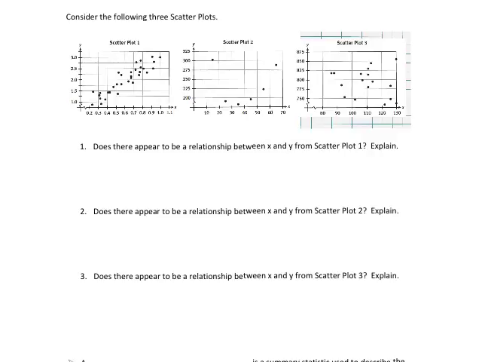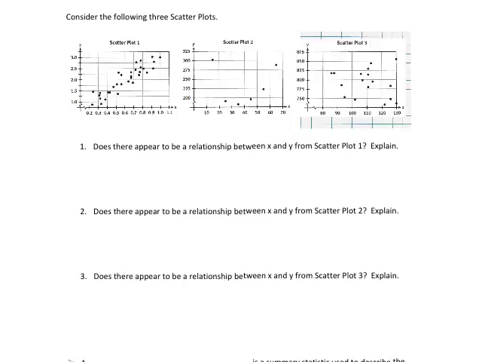So last question, does this scatter plot appear to have a strong relationship between the two variables or a fairly weak relationship? What do you guys think? Strong? I'd say that's a pretty strong relationship, right? It pretty closely follows the same pattern.